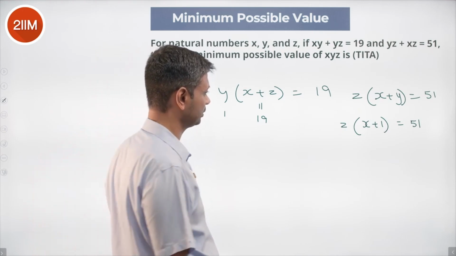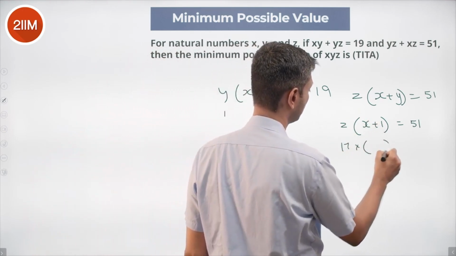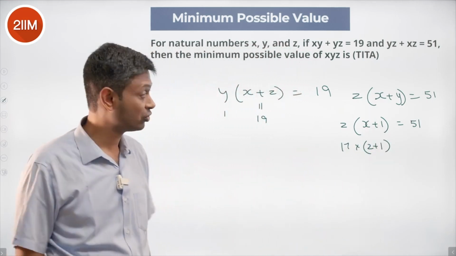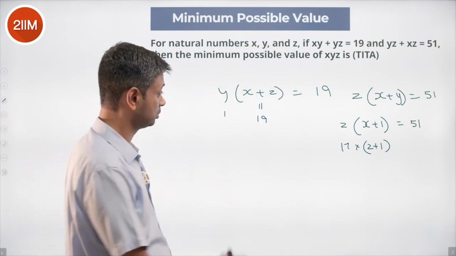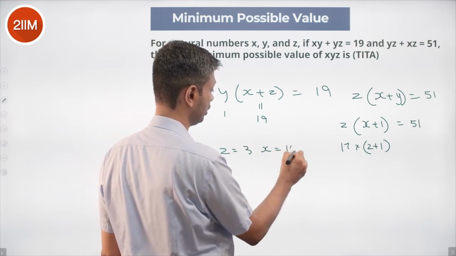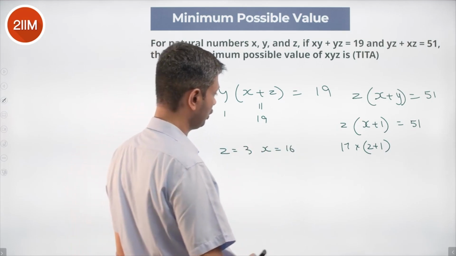So z into x plus 1 could be 17 into 2 plus 1. 17 plus 2 is 19, that works. You put z as 3, x equal to 16. Then x plus z is 19, 3 into 17 also works.